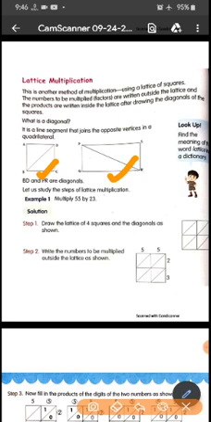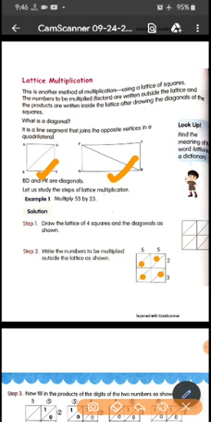Now let us see how to find the multiplication by this new method, which is called the lattice method. The question is: draw the lattice of four squares diagonally as shown. So here we have to make four squares, 1 2 3 4, and we have to draw diagonals like this.